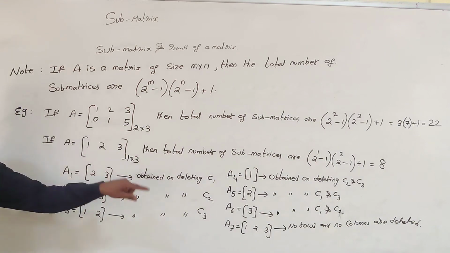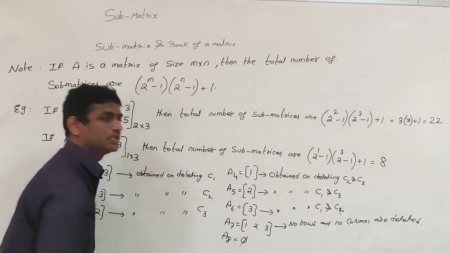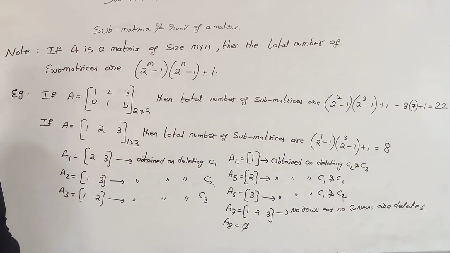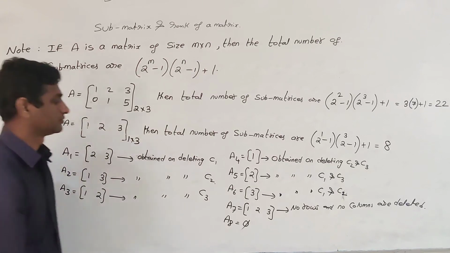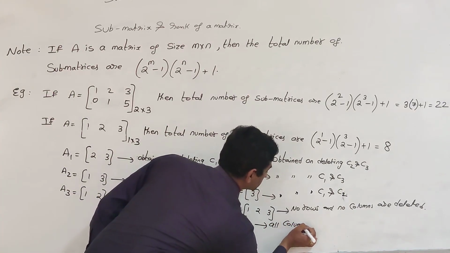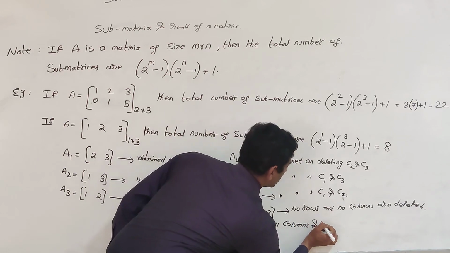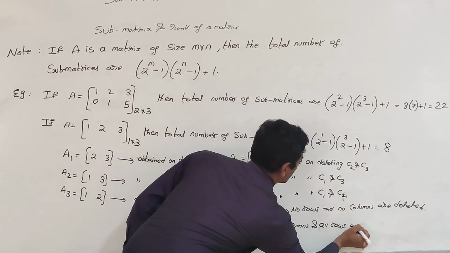Next, one more matrix 8, which is empty. That is, all rows and all columns are deleted.